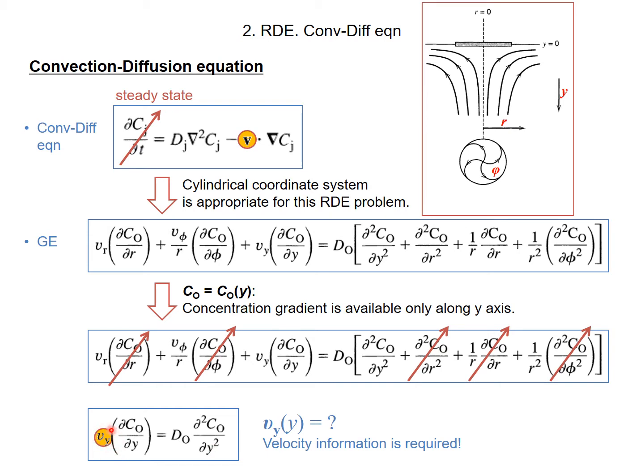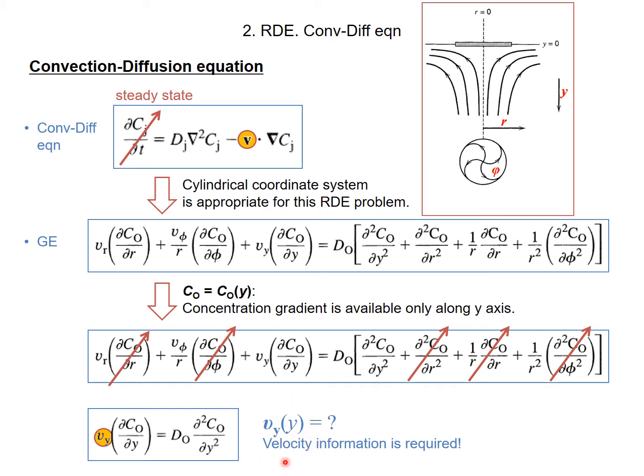Anyway, this ODE, I mean the ordinary differential equation, has only y. So we will think about the velocity in the y component as a function of y. I mean vy would be a function of y.